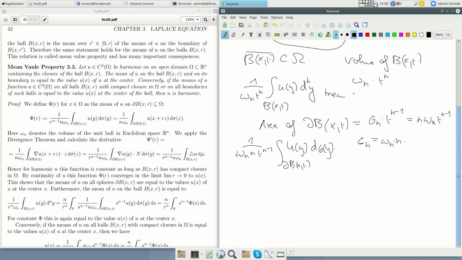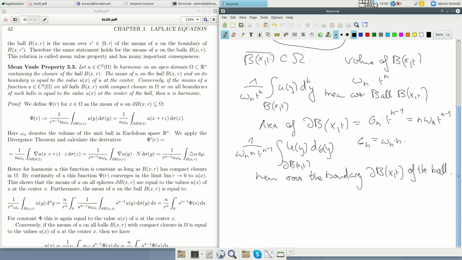Here we have the mean over the ball, and here we have the mean over the boundary of the ball.